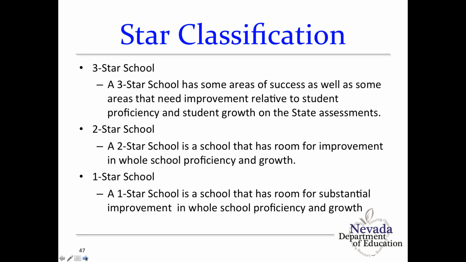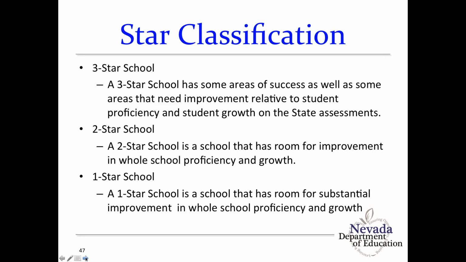The star classification of 5-star is among the highest performing schools in Nevada with high student proficiency and or student growth. A 4-star school is among the higher performing schools in proficiency and student growth.